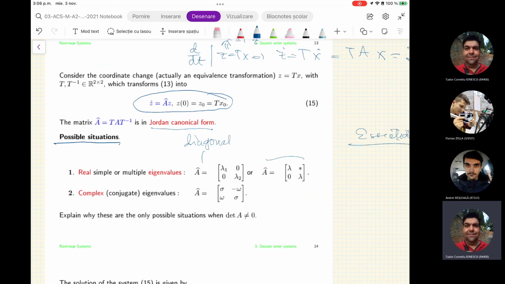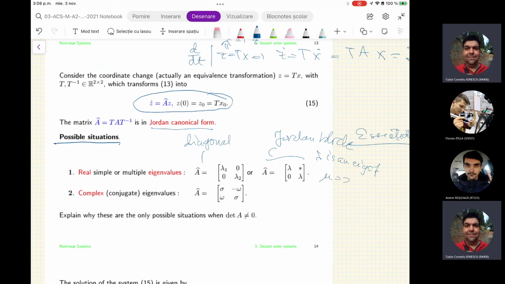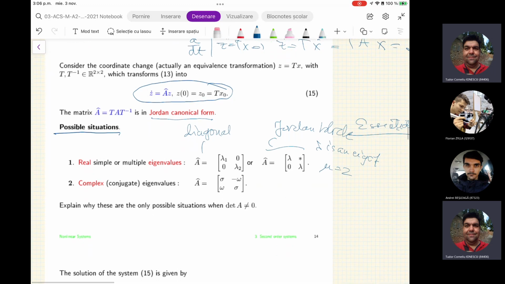This is the Jordan block case, when you have one eigenvalue lambda of multiplicity 2. And you may have complex conjugated values, where you can have the special form with sigma.